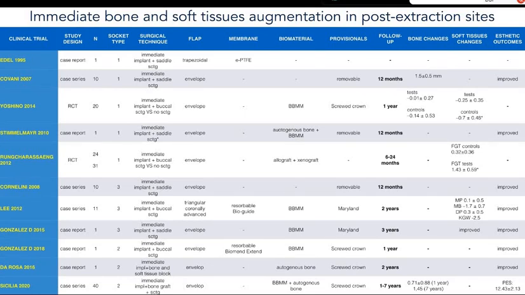So what can we say? We have several papers about this topic, but as you can see, we have very few papers about type 2 sockets. The last 3 papers are about type 2 sockets, and mainly we have case report and case series.